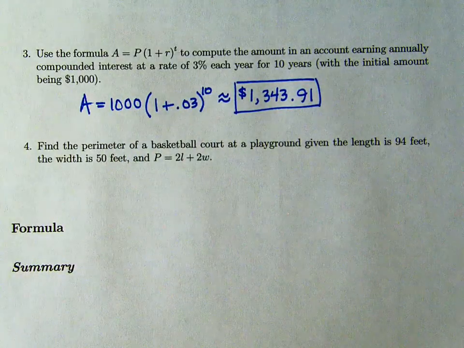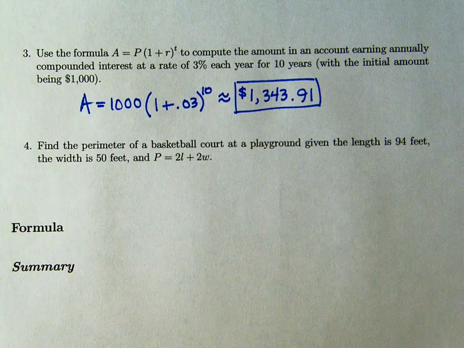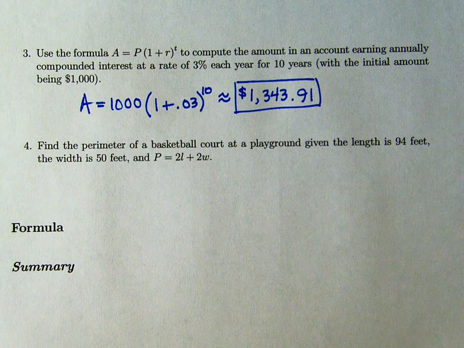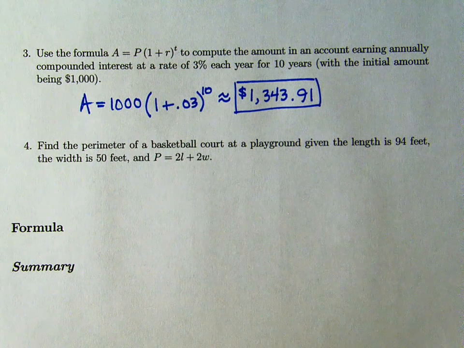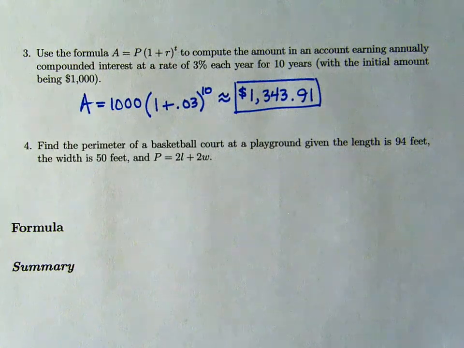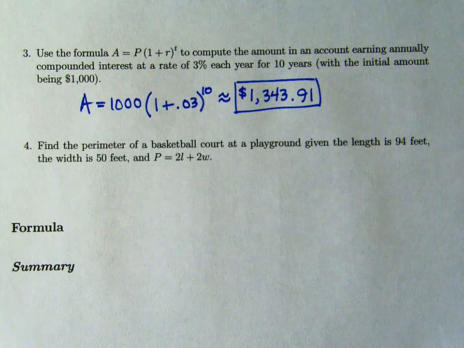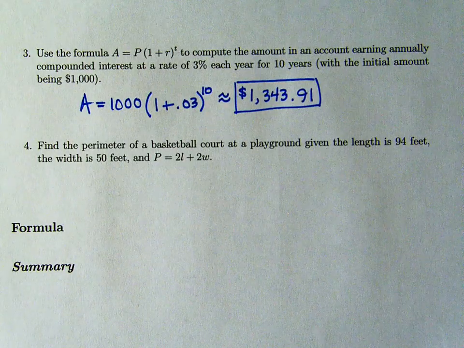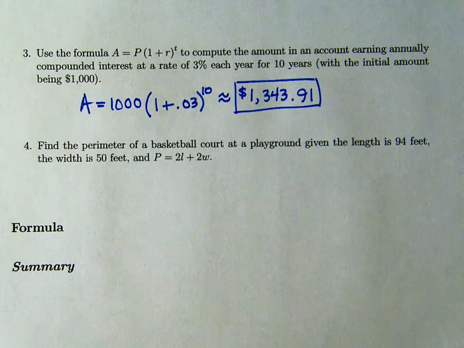Find the perimeter of a basketball court at a playground, given that the length is 94 feet and the width is 50 feet. The perimeter of a basketball court is given by the formula 2 lengths plus 2 widths.